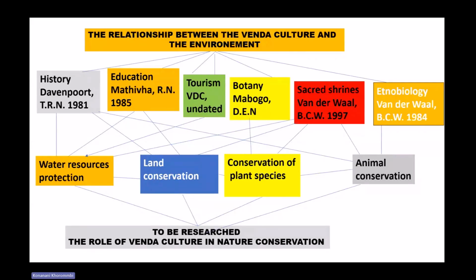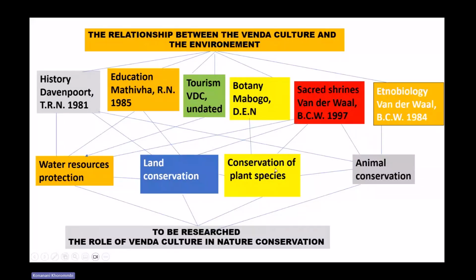Animal and plants are the biodiversity. So all of them is what I intended to research, and this is the reason why you see arrows coming from these 4 blocks going to the topic to be investigated, the role of culture in nature conservation.